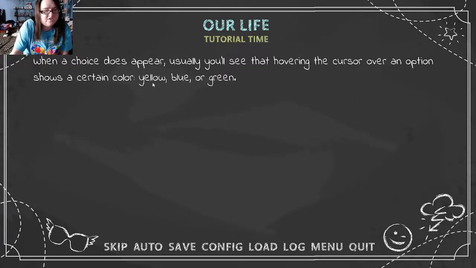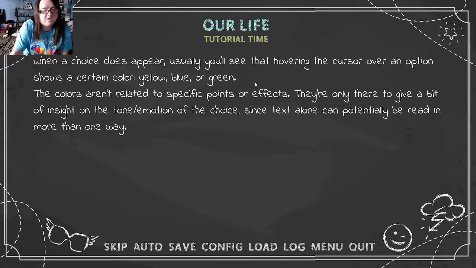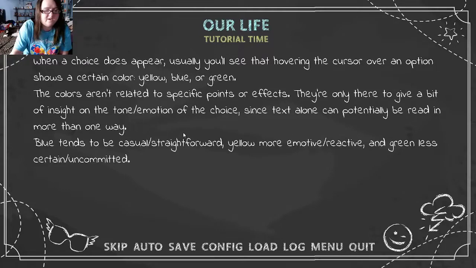When a choice does appear, usually you'll see that hovering the cursor over an option shows a certain color: yellow, blue, or green. The colors aren't related to specific points or effects. They're only there to give a bit of insight on the tone and motion of the choice, since text alone can potentially be read in more than one way.